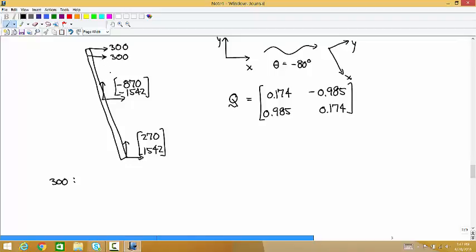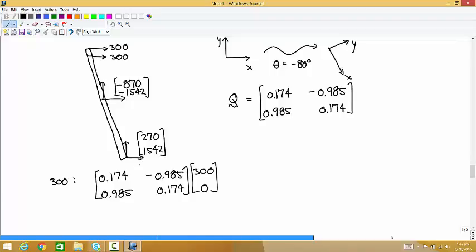Okay, so the 300 Newton force in the original coordinate system, multiply the rotation matrix times this force in the original coordinate system, which is 300, 0.